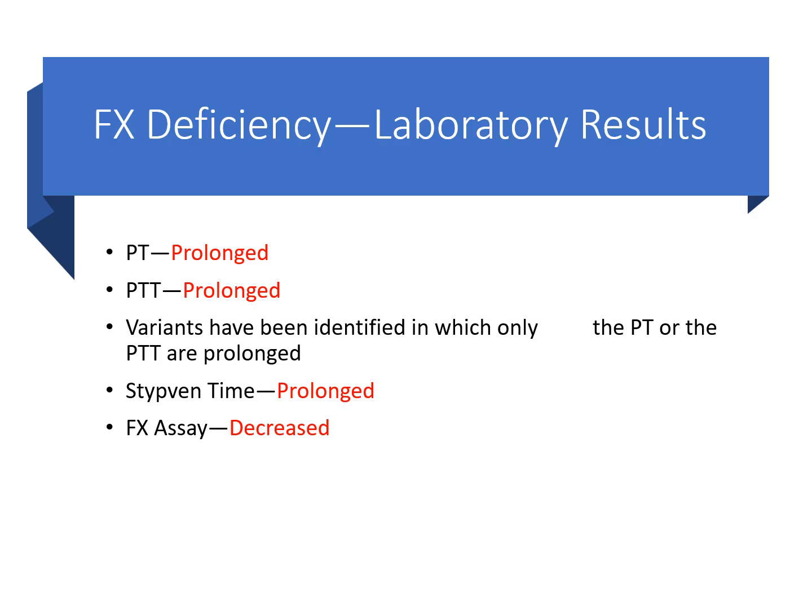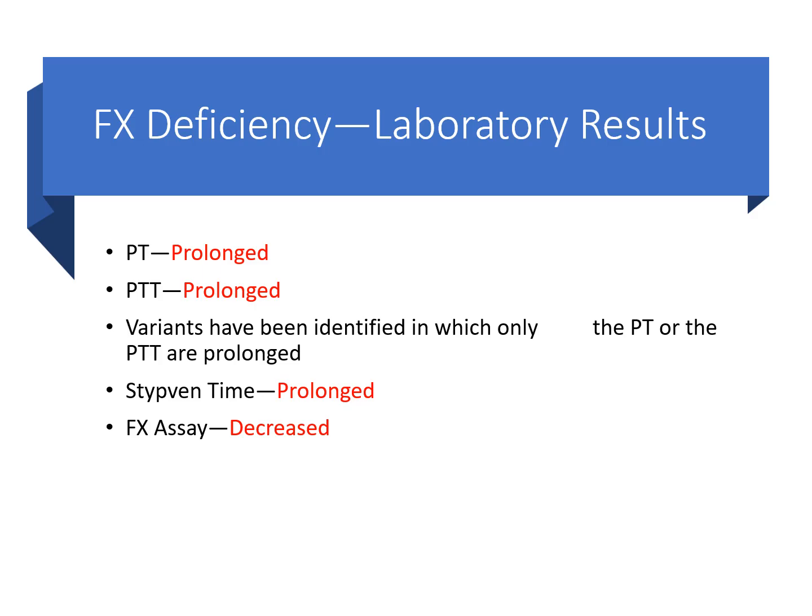Now, if you think about the point of activation for factor 10, we do have some thrombin activity there, but we also have active factor 7 that merges down into that common pathway from the extrinsic pathway. And remember, when we do the Stypven time with that Russell's viper venom, factor 7 does not play a role in that. It's not affected by that. And so we have a normal Stypven time for factor 7.